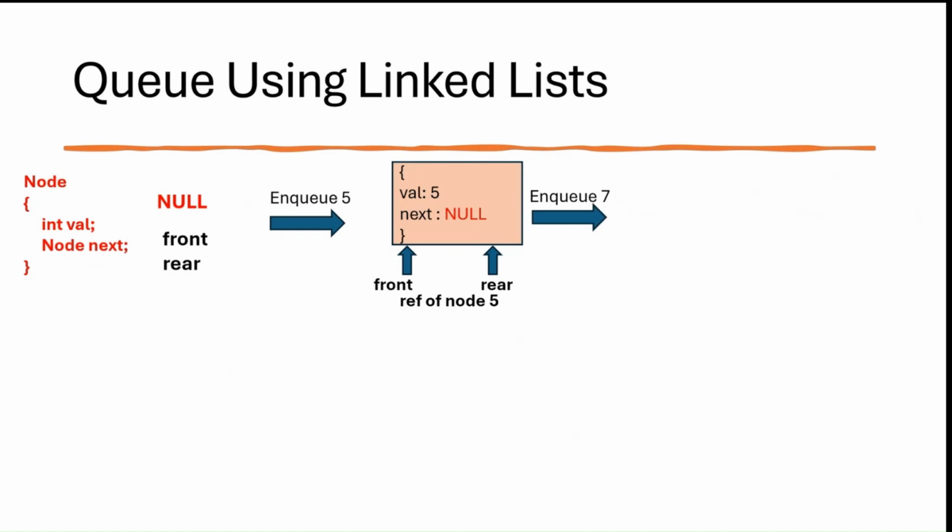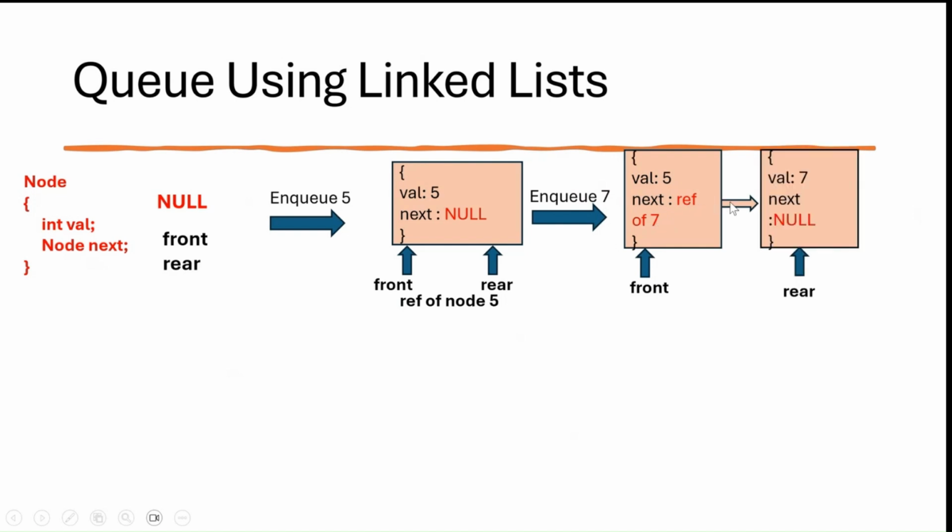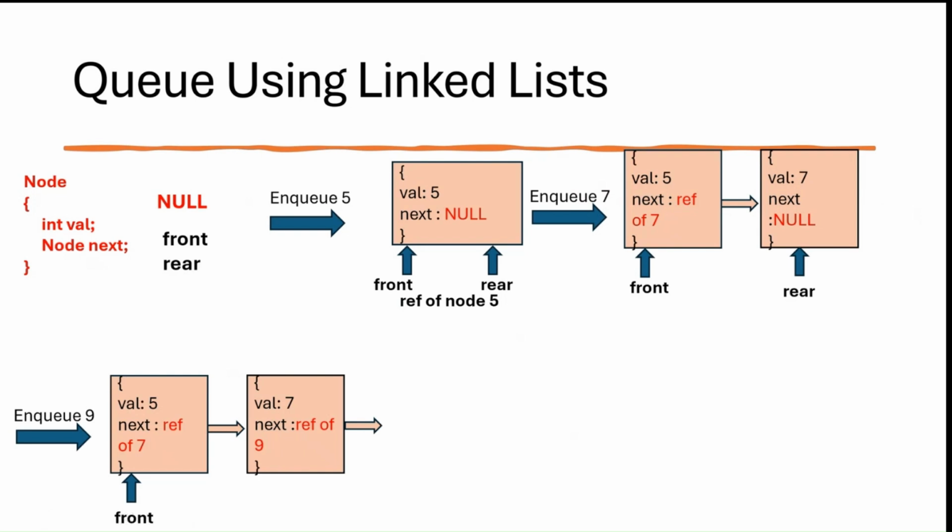When the NQ 7 happens, you can observe that the next of the 5 node is now pointing to the reference of the new node, which is 7, and rear moves to the 7 node because rear points to the element which was added most recently, right? And the next of 7 is null because there is no next element here. So when we do 9, you can see the rear goes to 9, and the next of 7 changes to the reference of the 9 object, right?